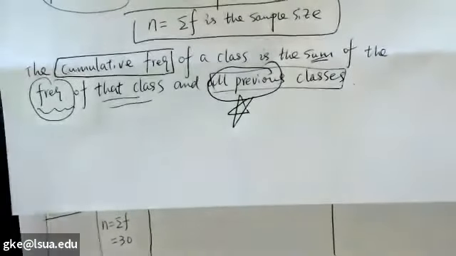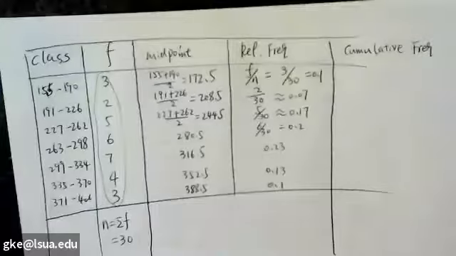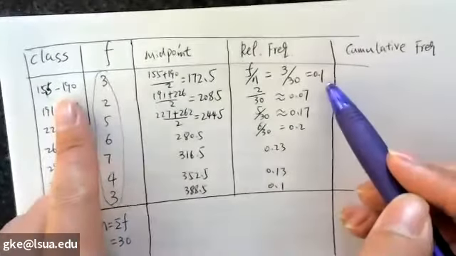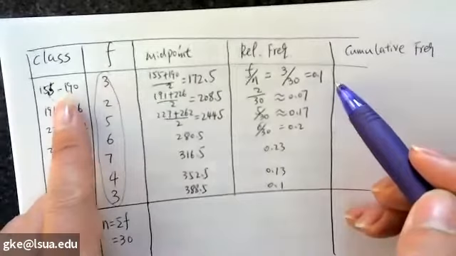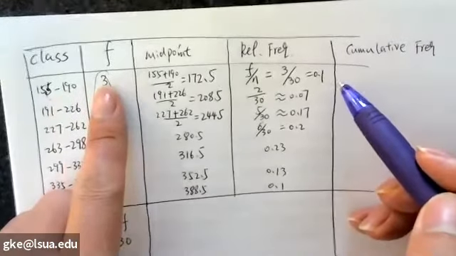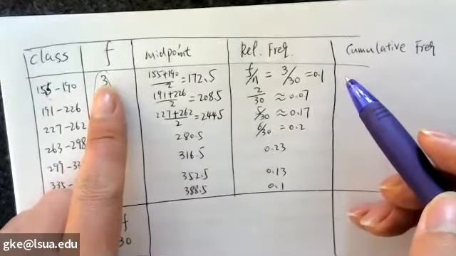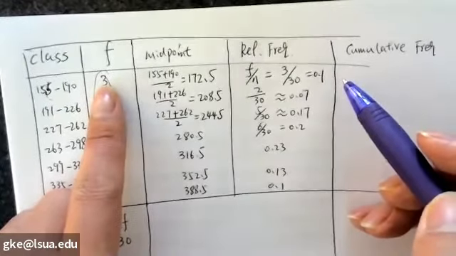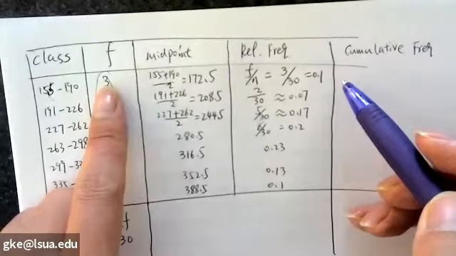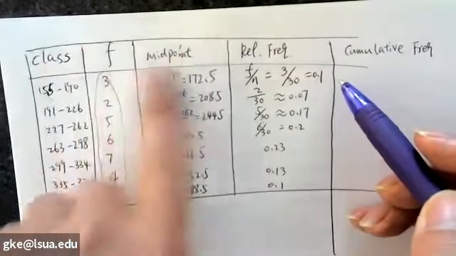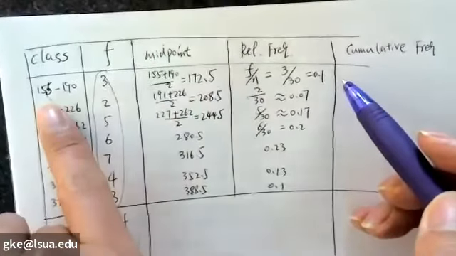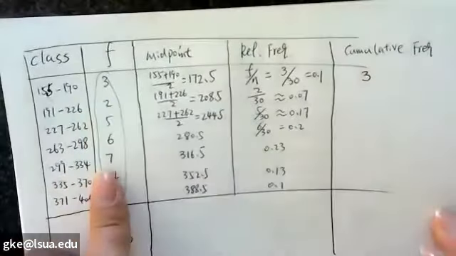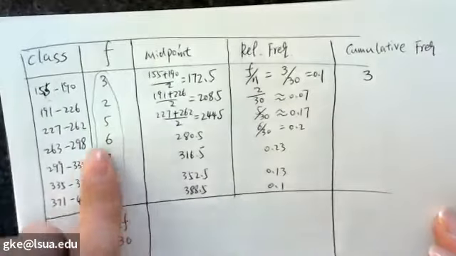Now let's take a look at this example. It's very clear for the first class, we have frequency 3, right? And for the frequency of all previous classes, there are no previous classes before this first class. So that's only 3. Very straightforward.